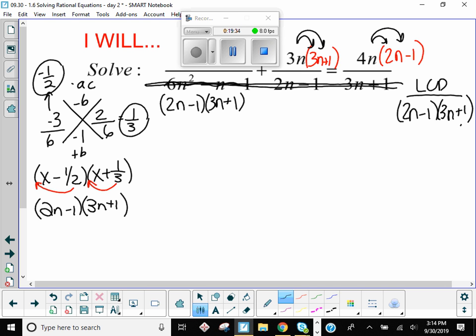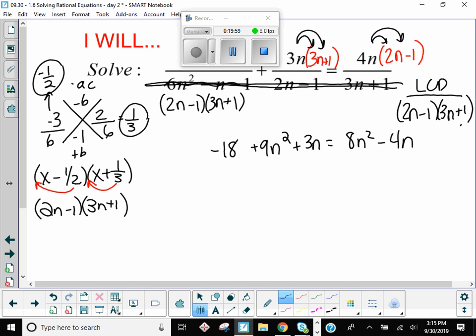So that first numerator was negative 18, right? It's a negative. I covered it up. Negative 18. And then when you distribute 3n, that's plus 9n squared plus 3n. And then on the right-hand side, 8n squared minus 4n.